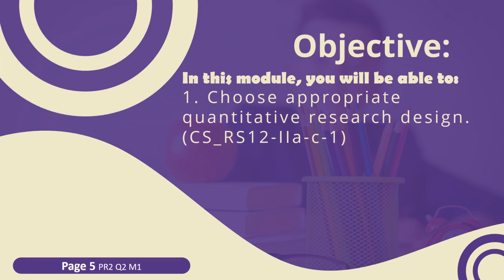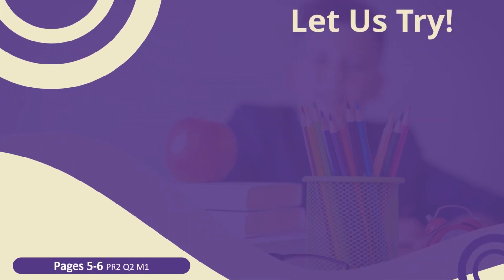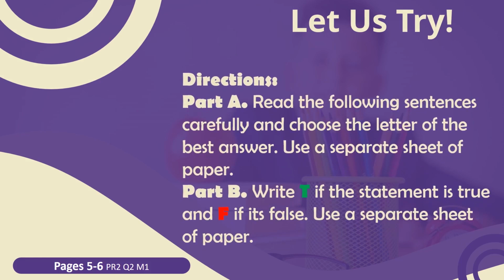In this module, you will be able to choose appropriate quantitative research design. But first, let's try to answer the following pre-test questions to determine how well you know the topic at hand. Directions.